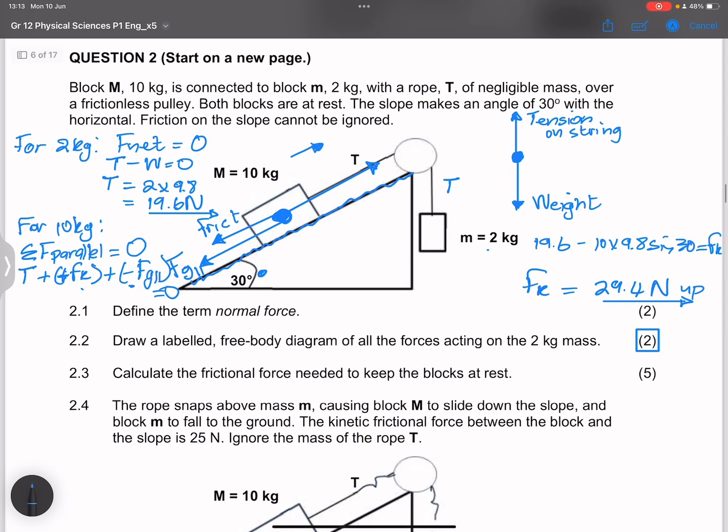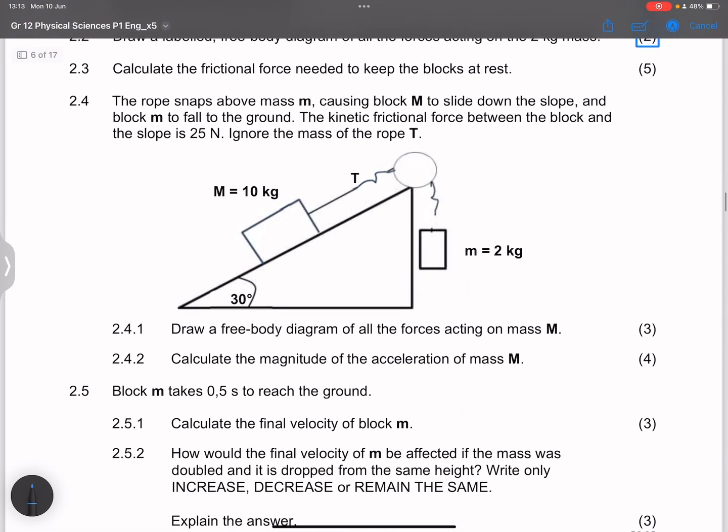Okay, right. Now let's go to the next question. Now they say to us the rope snaps above the mass M, causing the block M, big M, to slide down the slope, and block m to fall to the ground. The kinetic frictional force between the blocks and the slope is 25 newtons.